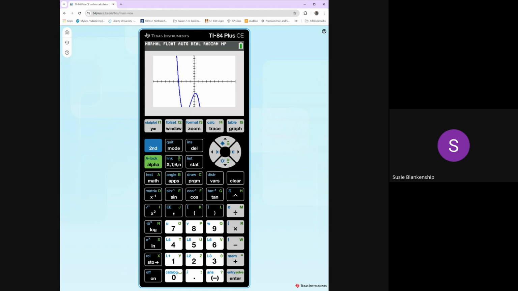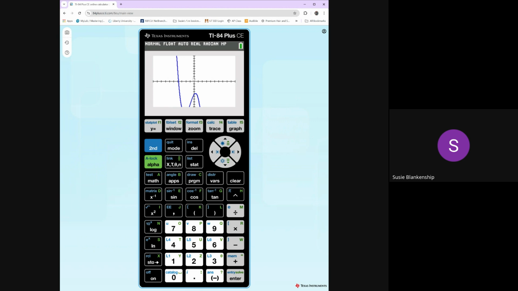So now we're going to press zoom, then choose 6 ZStandard. So here's zoom, number 6 right here. Okay. This gives us what we call a nice window box here. Okay.